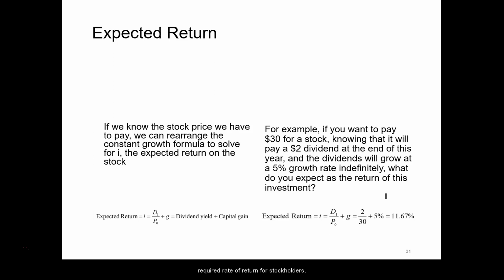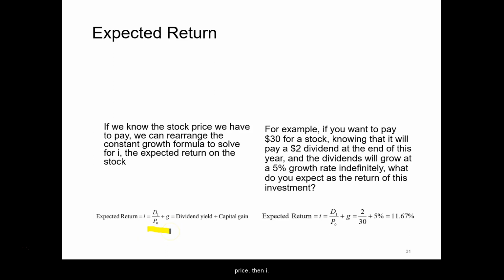If we look at the equation from another angle, that is, if we know the stock price, if we buy the stock at this price and we hold the stock, what is the return we can expect from this stock investment? If we rearrange the formula, assuming that we know P, the price, then i, the return, can be solved as D1 divided by P0 plus g.